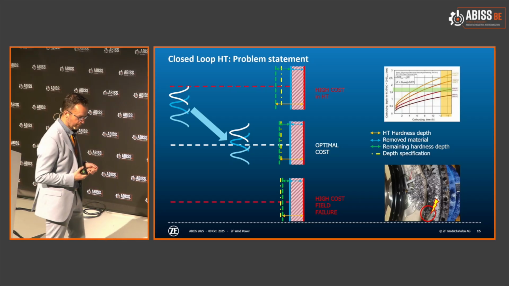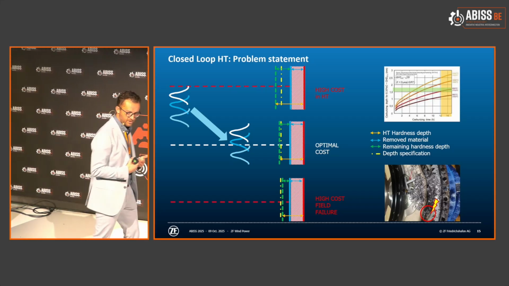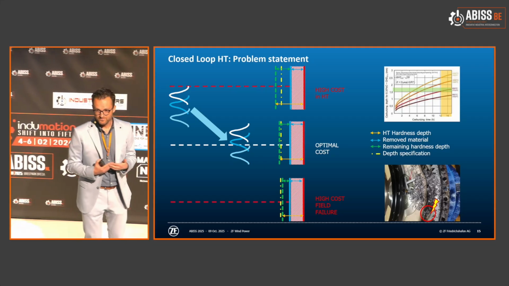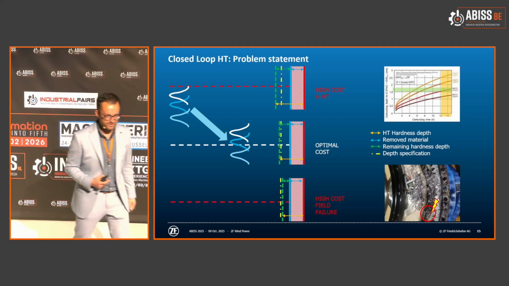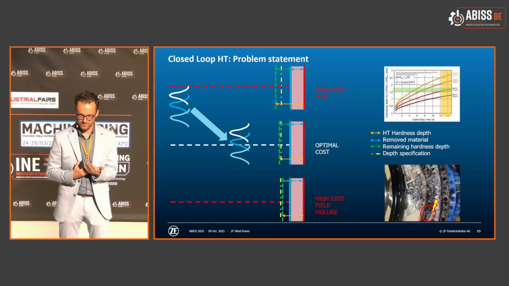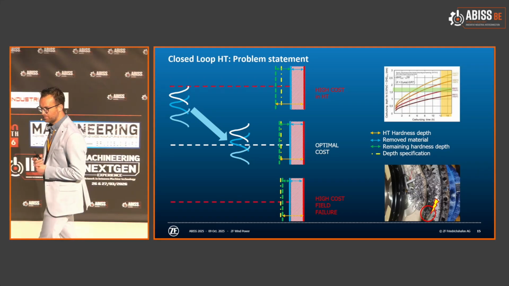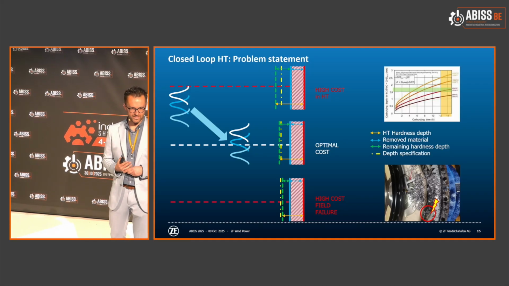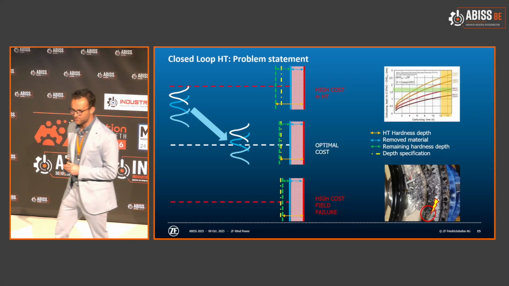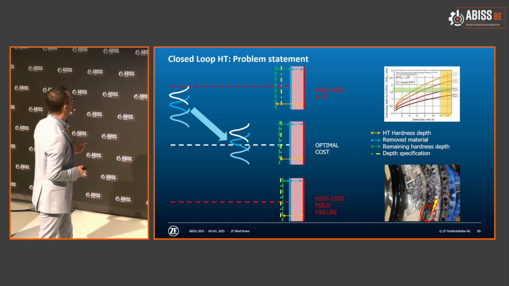And what we do, because you cannot measure the hardness depth, well, you can, but then you have to saw your part in two, and you can actually look at the part. You see a discoloration in your metal, and then you know how deep the hardness depth was. But obviously, you don't want to do that with every gear you produce, because you don't produce a gear anymore. You destroy it.